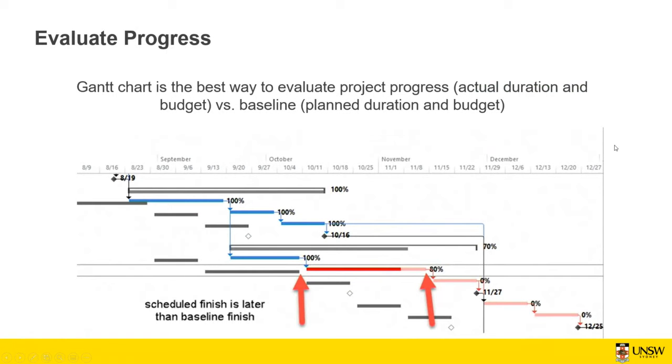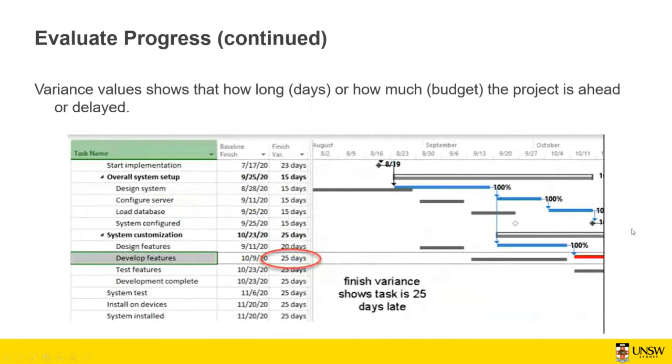So how do you evaluate all these things? The best thing to do is just using your Gantt chart, and you got a baseline as per your project plan, as you can see in these gray lines here. And as your project proceeds, you can look at when it's started, when it's going to be completed, and based on that, you can analyze the earned values.